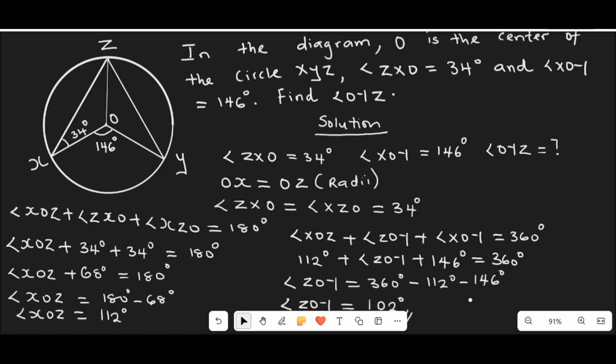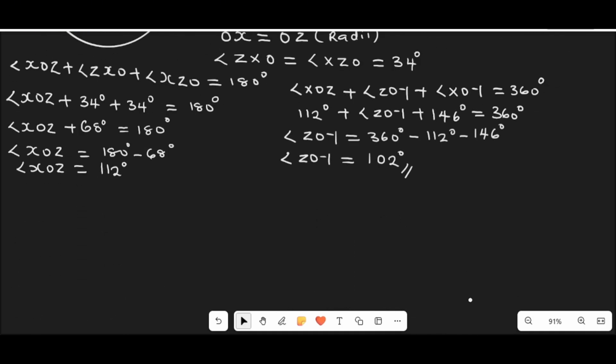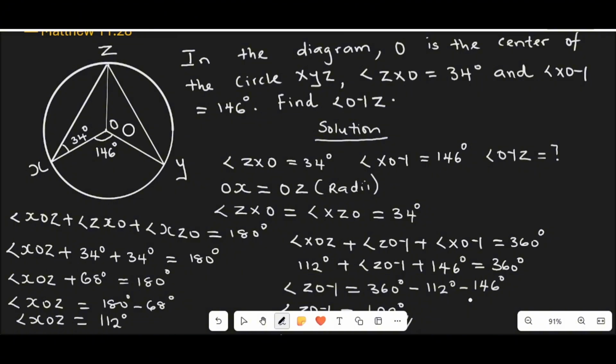So we can say angle OYZ equal to angle OZY.